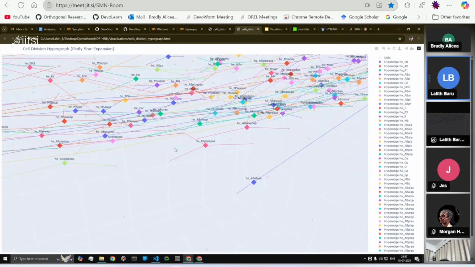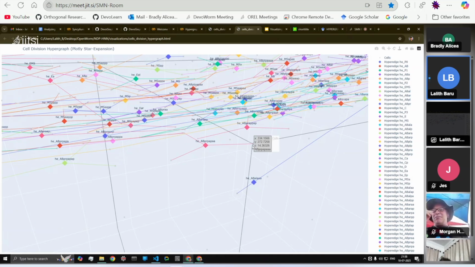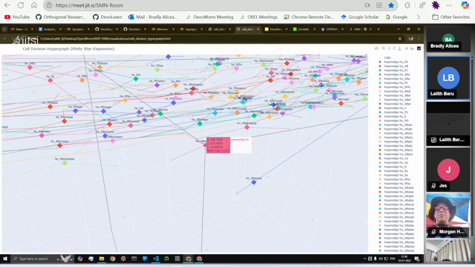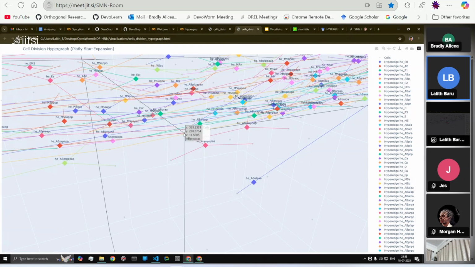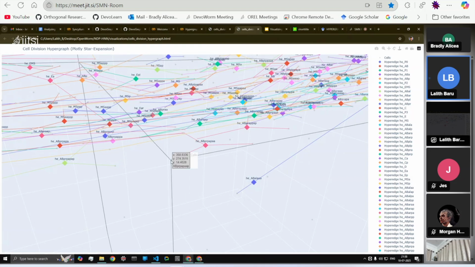These hyperedges are formed by taking the parent cell and the two divided daughter cells. Suppose this is the parent cell, ABPRPAP, triple A. This is the birth time it has, and it is divided into this and this.